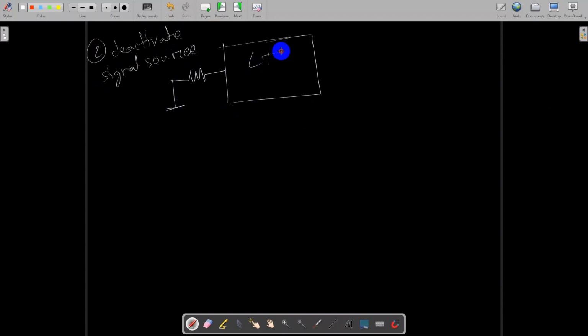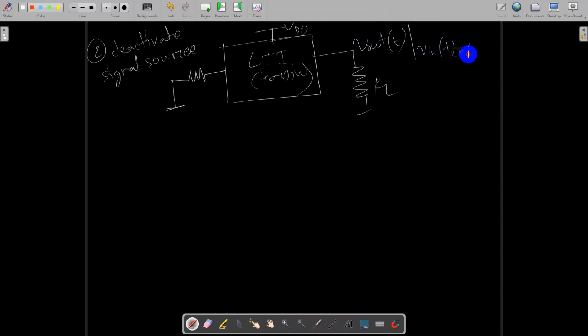This is LTI again, this is passive. Everything is nice. This is VDD and this is our RL. Now, what is this V out T? This V out T is written when V in T is 0, meaning deactivated. This is nothing but some B times VDD.